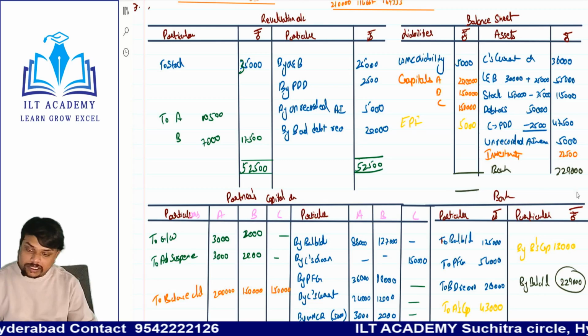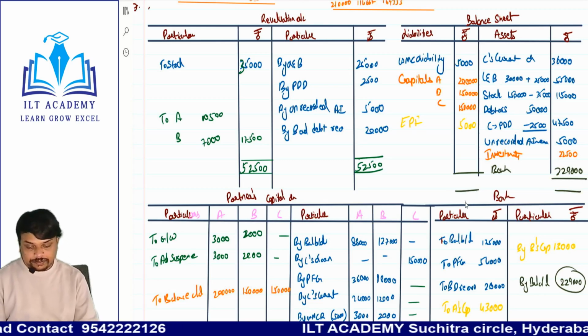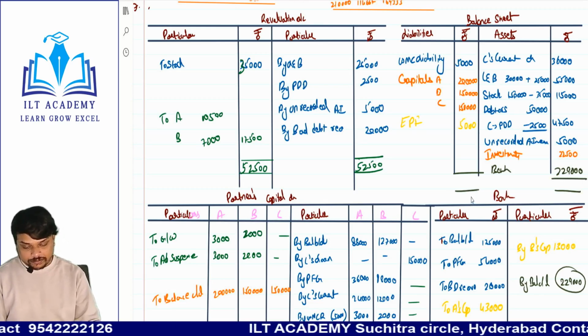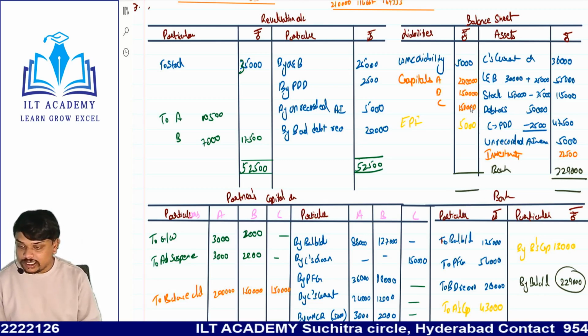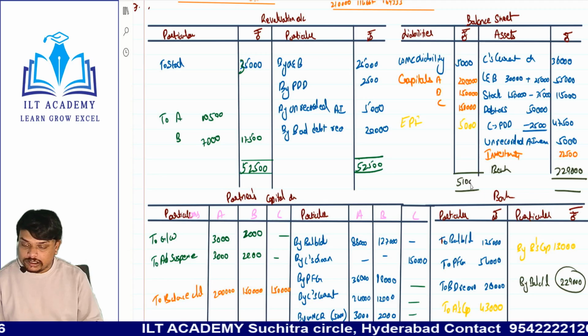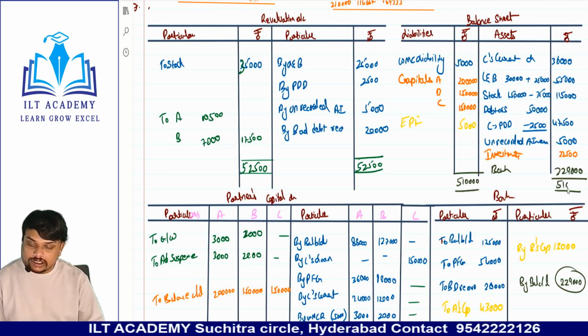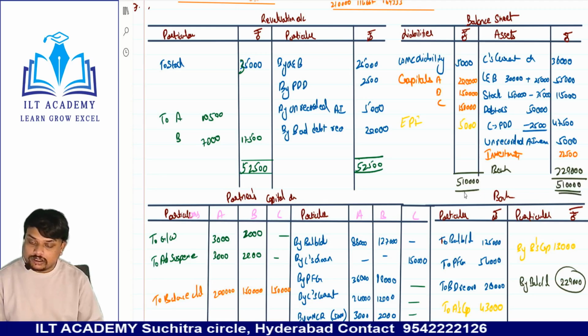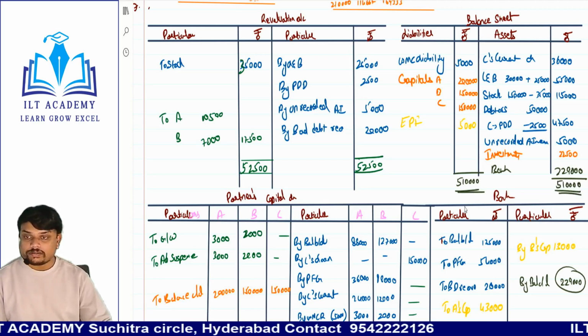And now comes the balance sheet total part. What is the balance sheet total at this time? 5,10,000. Yes, 5,10,000. And please note down this.